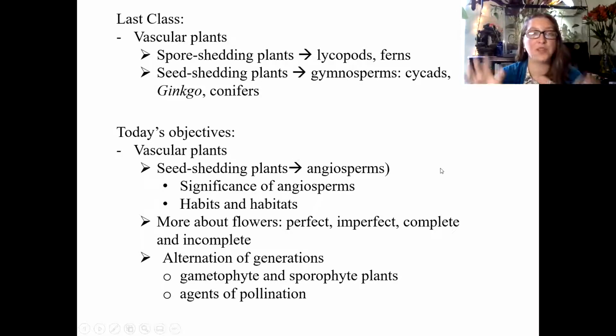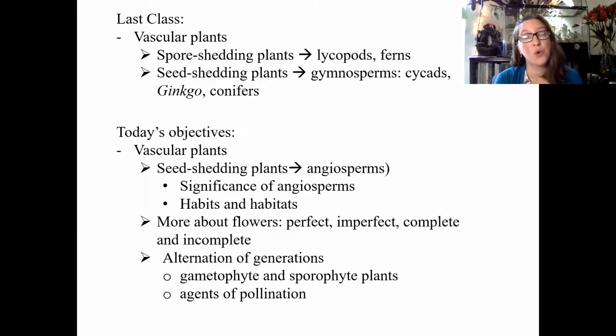And today we're going to finish the course out by finishing the last of the vascular plants, which are the seed shedding plants, which are the angiosperms. We'll talk about the significance of angiosperms, the habits and the habitats that they live in, and then a little bit more about flowers, because we did cover flowers in the flower lecture, but we'll learn just a little bit more about them.